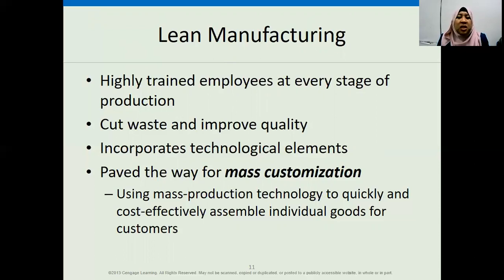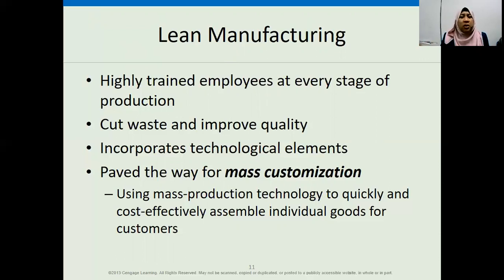So meaning here, you have to make sure that the customer is really well served, in terms of how the assembly line gives such an impact to the customer itself. Because we're talking about being able to meet the demand from customers who want a customized product, but at the same time want it in bulk, in large quantity.